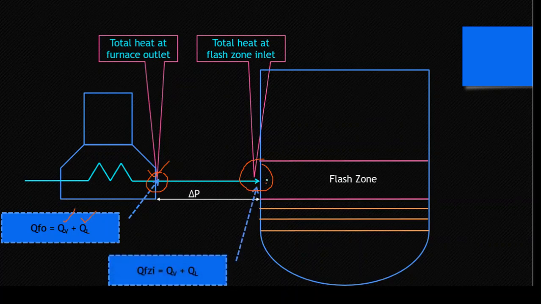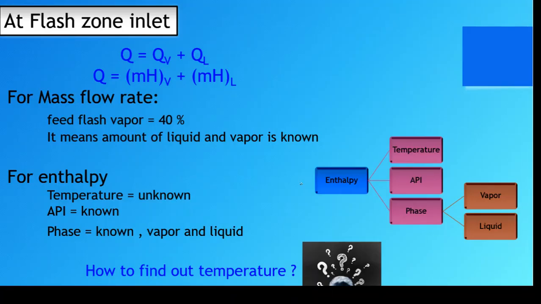Similarly, we have to find the heat at the flash zone inlet, the heat associated with the vapors and with the liquid, and our condition is that both values should be equal. If both values are equal, then at that condition of temperature and pressure, that will be the equilibrium stage, and we can say the temperature and pressure at that condition are known as the flash zone temperature and pressure.